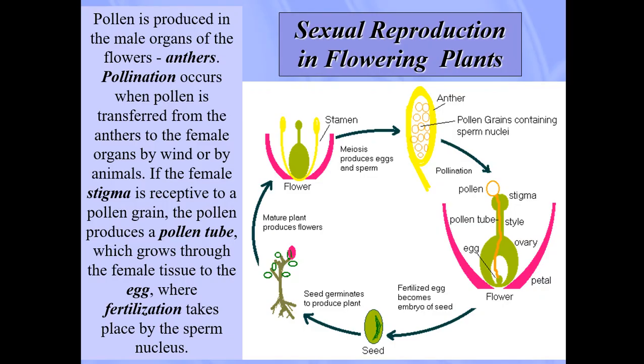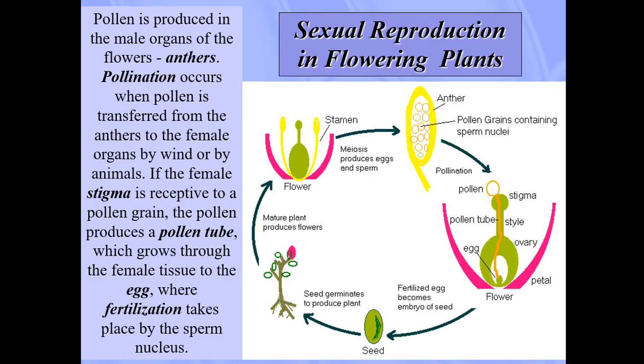So we have also external fertilization. Ibig sabihin, yung pag-fuse ng sperm and egg sa labas ng katawan ng babae nangyayari. Okay? So hindi ito sa tao. We have internal fertilization. Ito naman, sa loob ng katawan ng babae or lalaki, nag-fertilize yung egg kasi sa loob nga ng katawan. Okay, so meron tayong 3. Pollination, external, and internal. Okay?